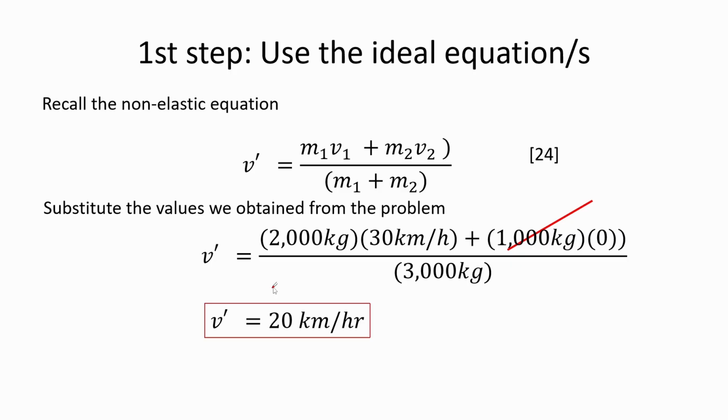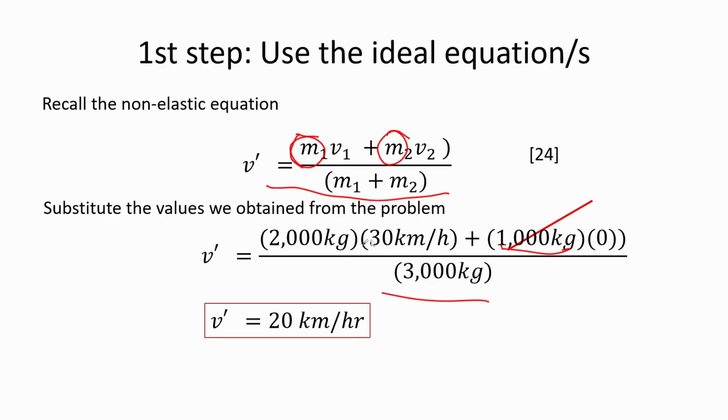So, recall the inelastic collision expression. It's M1 V1 plus M2 V2 divided by M1 plus M2. So we substitute the values of 2,000 ang massa M1 and 1,000 sa massa M2. And of course, ang total mass is 3,000. It's quite a big number.